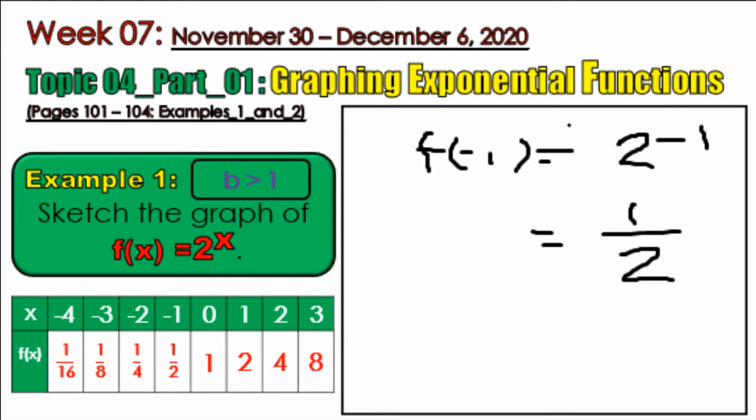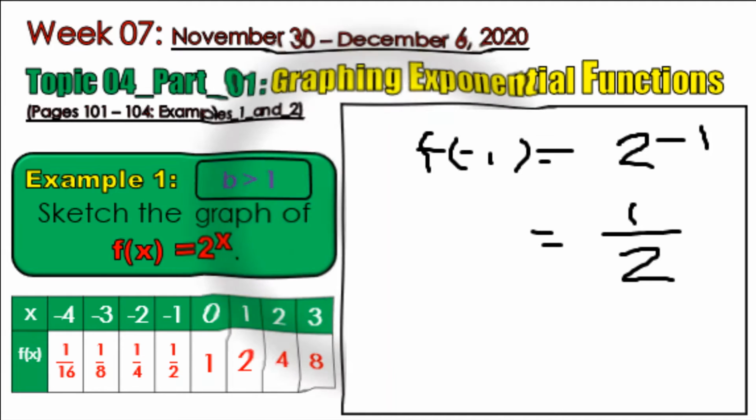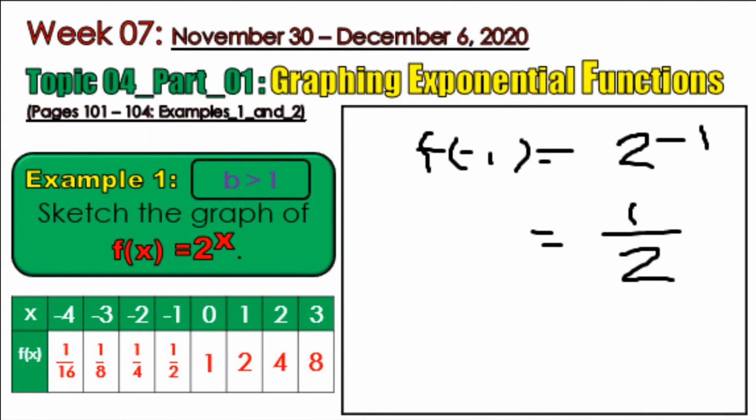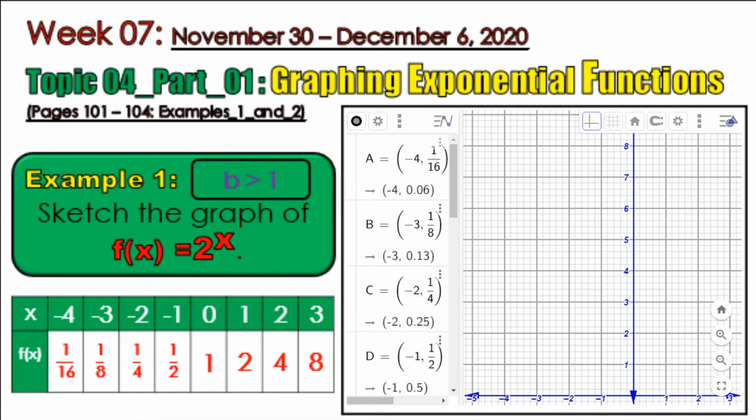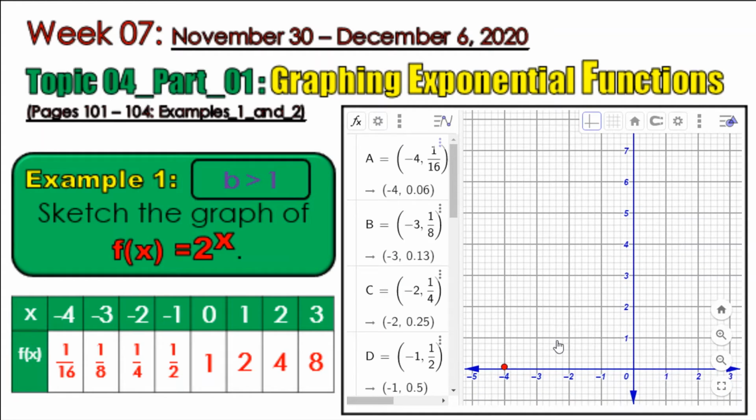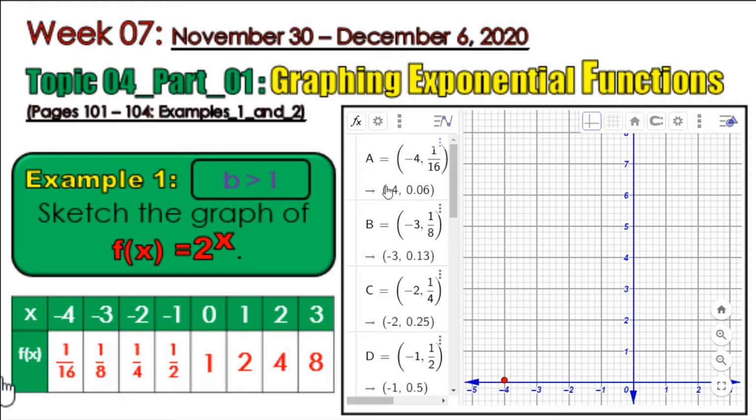Let us now sketch the graph on the Cartesian plane. Let us start from the first point, -4, 1 over 16. Next we have -3, 1/8.